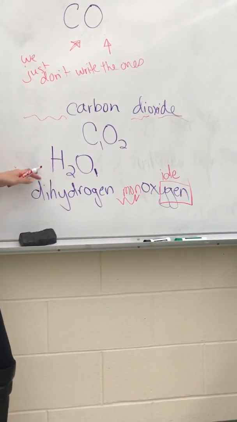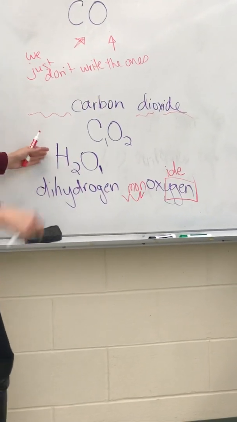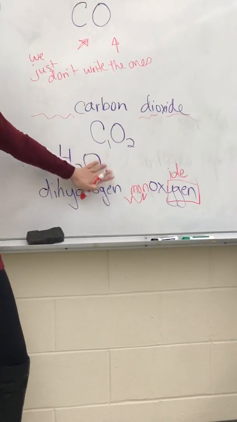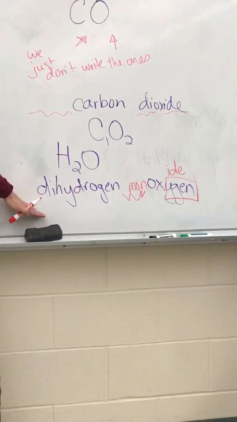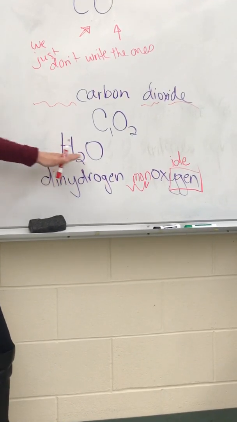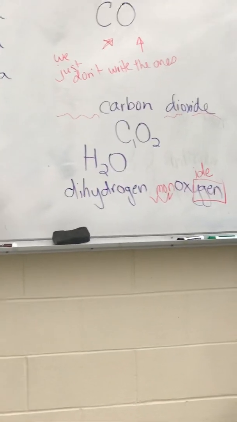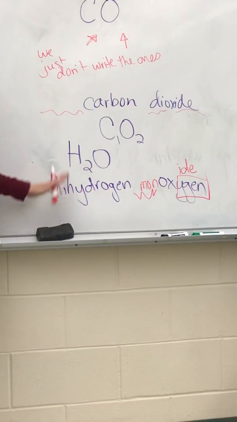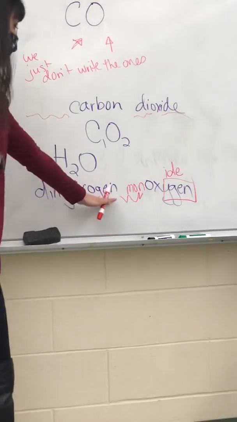And in this example, we are doing it the other way around, where we started with the chemical formula and we're putting things into names now. So we start with 2 hydrogens. The prefix for 2 is di, so we put di. H is for hydrogen, so dihydrogen.